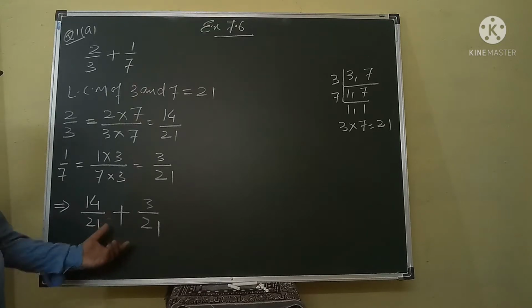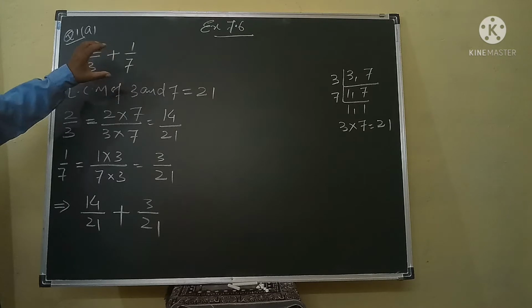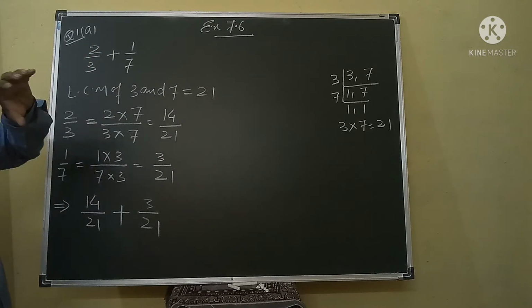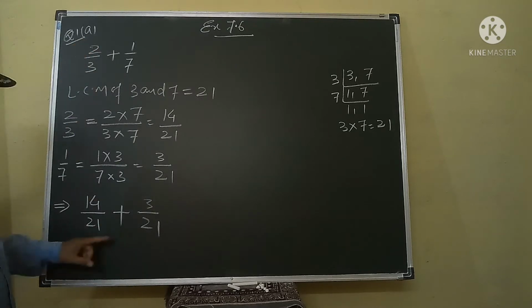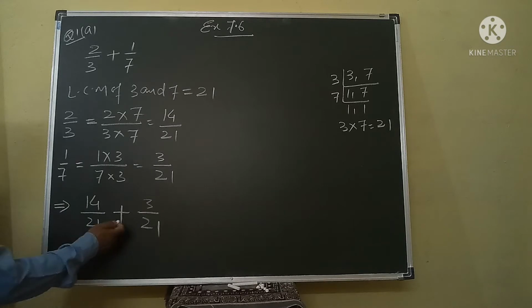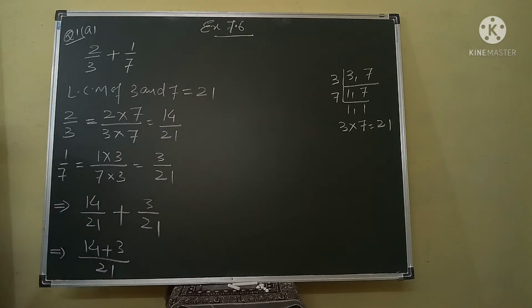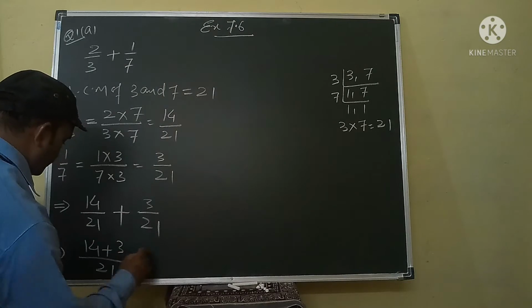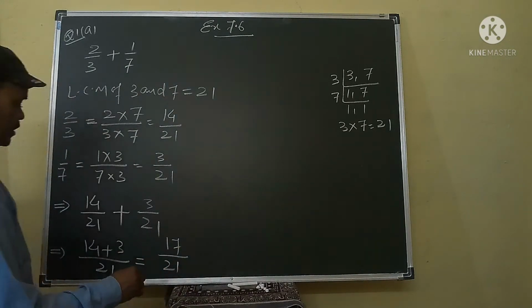In this question, your question is in unlike fractions. And first, what did you do? Unlike fractions converted to like fractions. Okay. So 14 upon 21 plus 3 upon 21 will give you 14 plus 3 upon 21. 14 plus 3 means 17 upon 21.